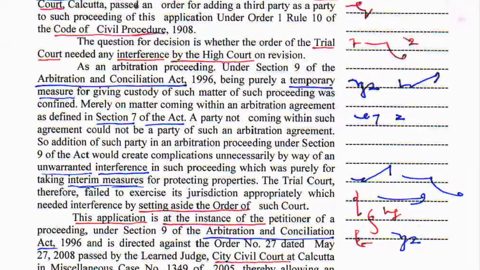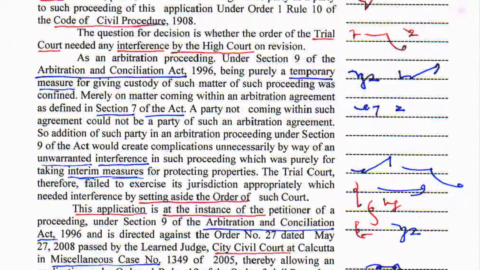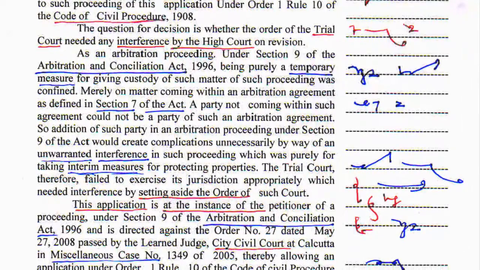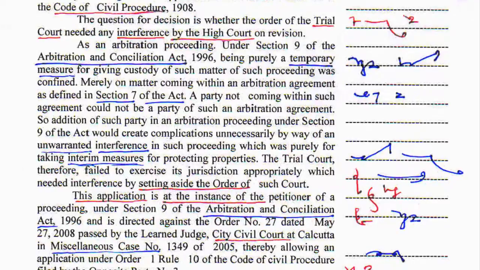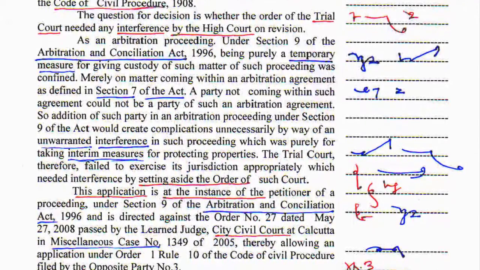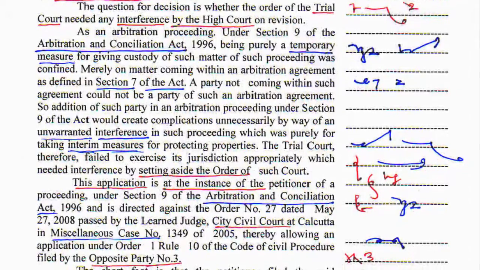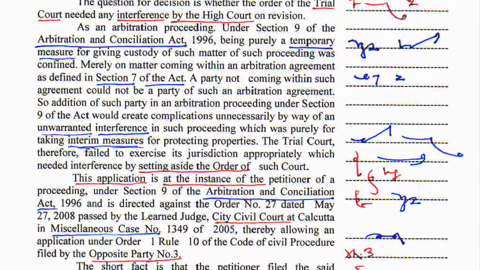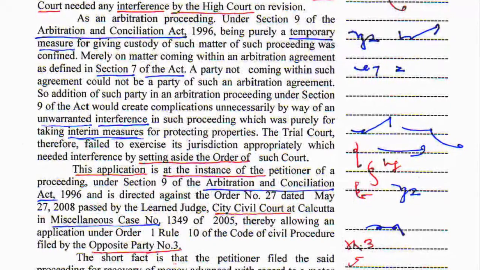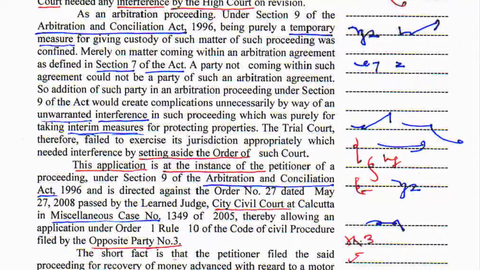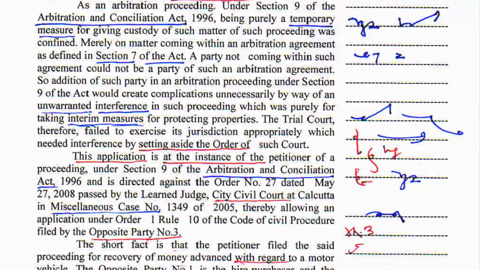An arbitration proceeding under Section 9 of the Arbitration and Conciliation Act 1996, being purely a temporary measure for giving custody of such matter, was confined merely to matter coming within an arbitration agreement as defined in Section 7 of the Act. A party not coming within such agreement would not be a party of such an arbitration agreement.